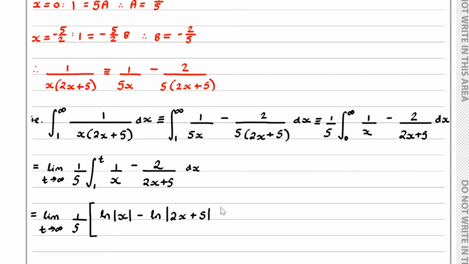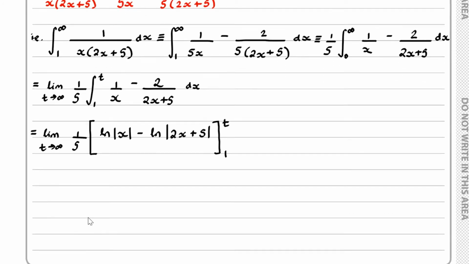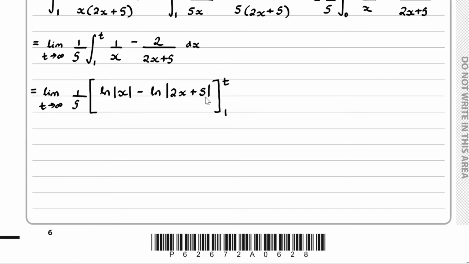So our goal is to evaluate all of this in between 1 and t, and then take the limit as t tends towards infinity. But before we do that, because we're subtracting logs, we can combine these together.